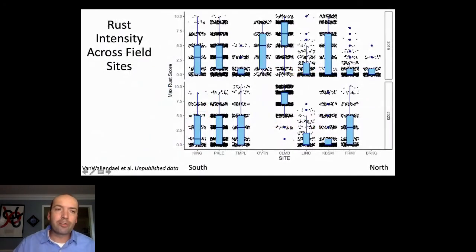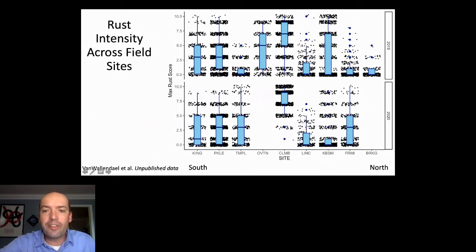So we've surveyed rust intensity now for a number of years across these field sites, and we're in our 3rd year of surveying now. And as you can see at the field sites from down here in Kingsville, Texas in the south to Brookings, North Dakota in the north, we do see a wide variation of rust infection. So scored from 0 where there's no infection to 10 where there's a high level of infection.